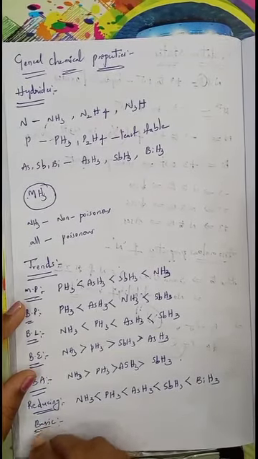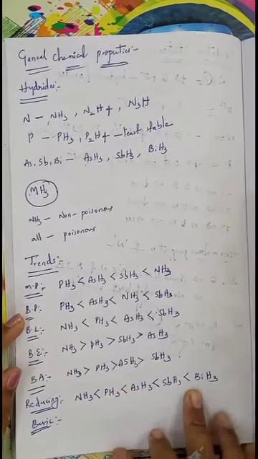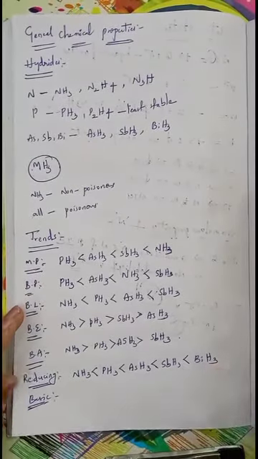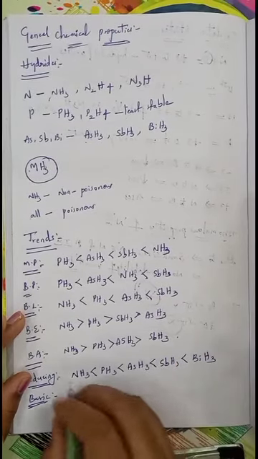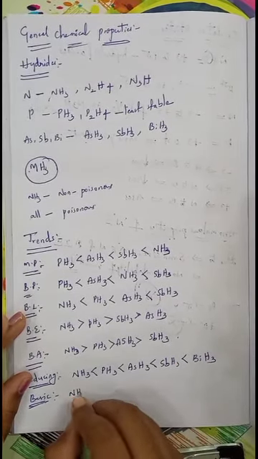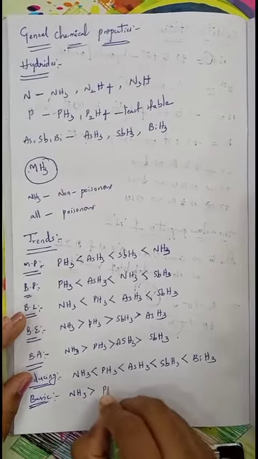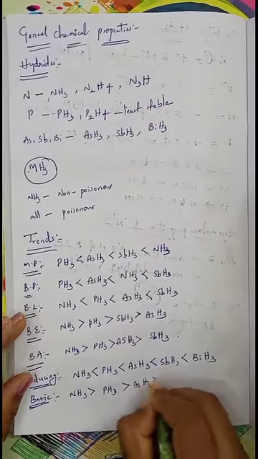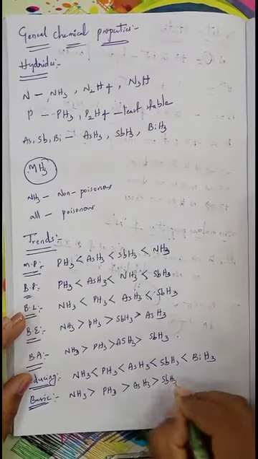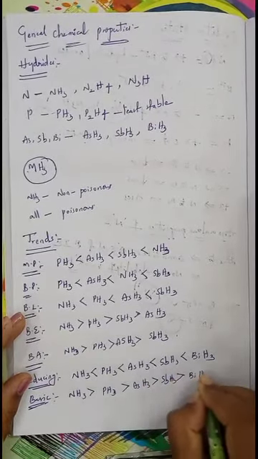What is meant by basic nature? The property to donate an electron pair, or the property to attract the H plus ion or proton, is called basic nature. Basic nature is very high for ammonia, then phosphine, then arsine, then stibine, then bismuthine.